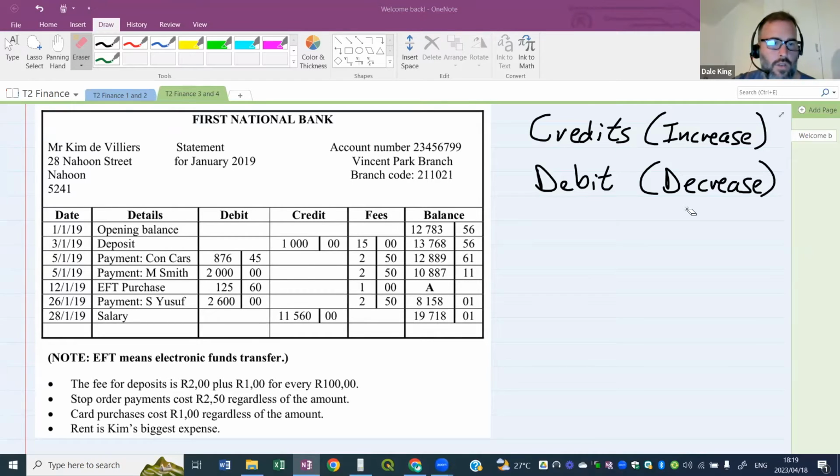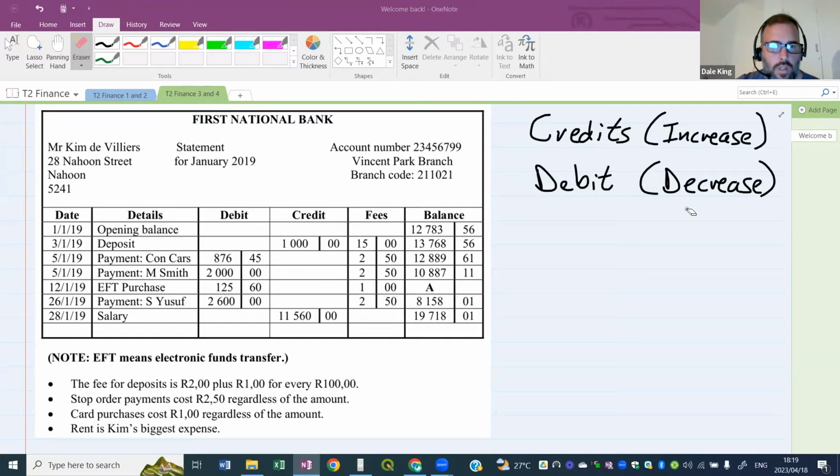I'm going to just read through this text at the bottom here, and then we're going to go through this table again. The third line of this text underneath, it's important to understand this. It says card purchases cost 1 Rand regardless of the amount. Are there any card purchases? We have a deposit. We have a payment. There's an EFT purchase. In the fifth line, 12th of January, EFT purchase, card purchases cost 1 Rand.